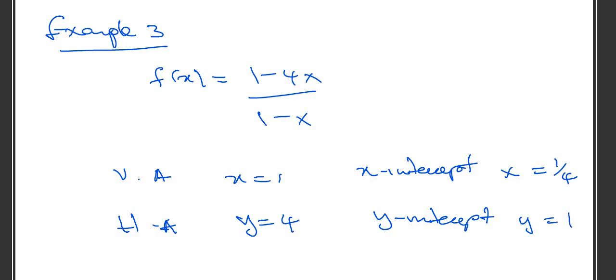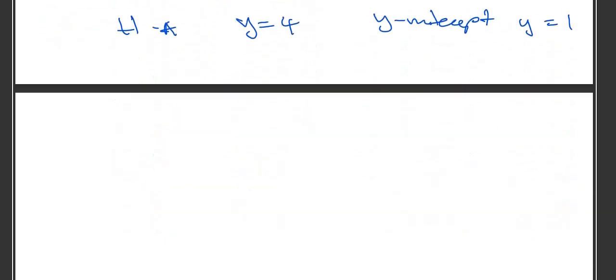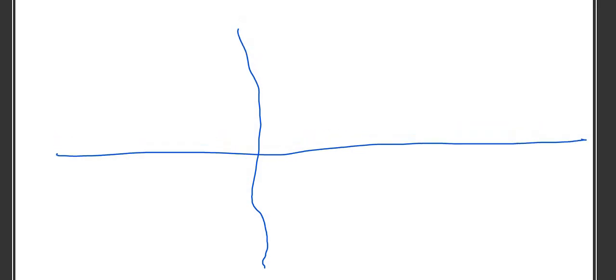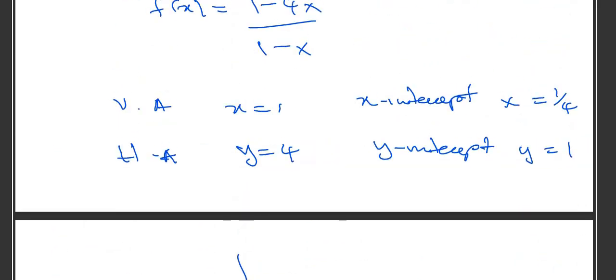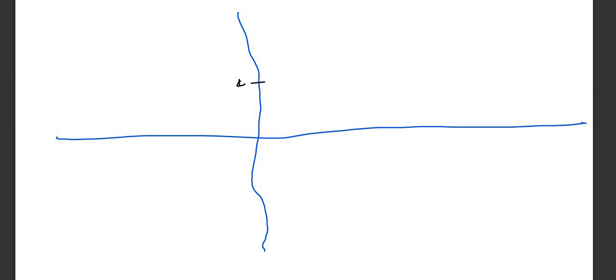So now if we decide to sketch it, we're having something like this. There is the vertical asymptote, it's simply 1. Then the horizontal asymptote is 4. So we should never touch 4. No matter what, we should never bypass 4.